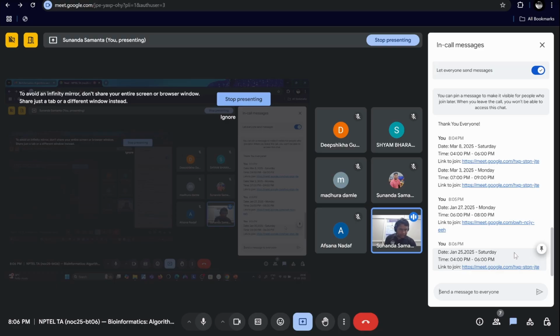So on Saturday, I guess it is from 4 to 6. So can somebody confirm whether the Saturday's class is from 4 to 6 or not? And whether this is the correct link?